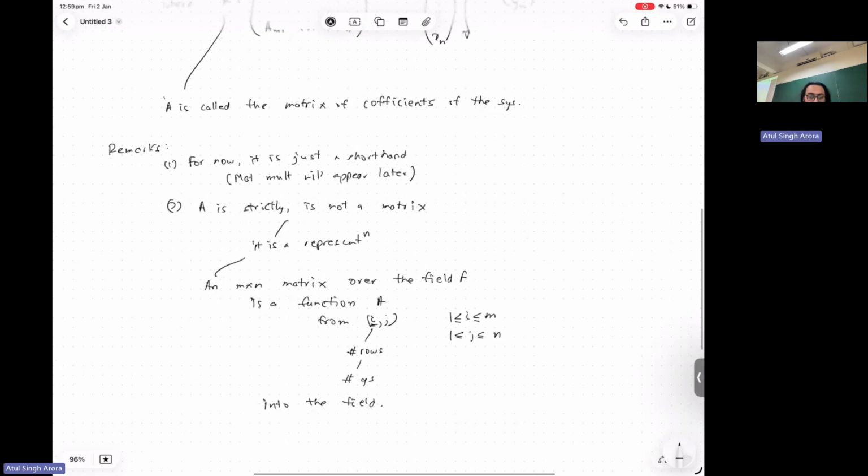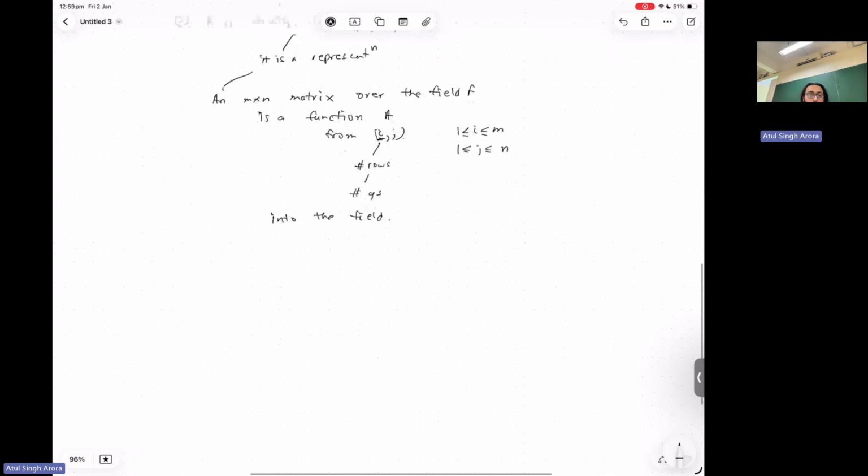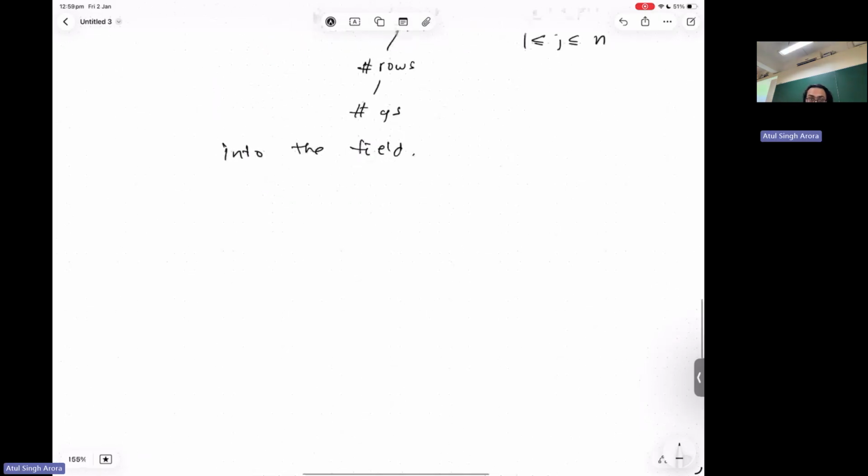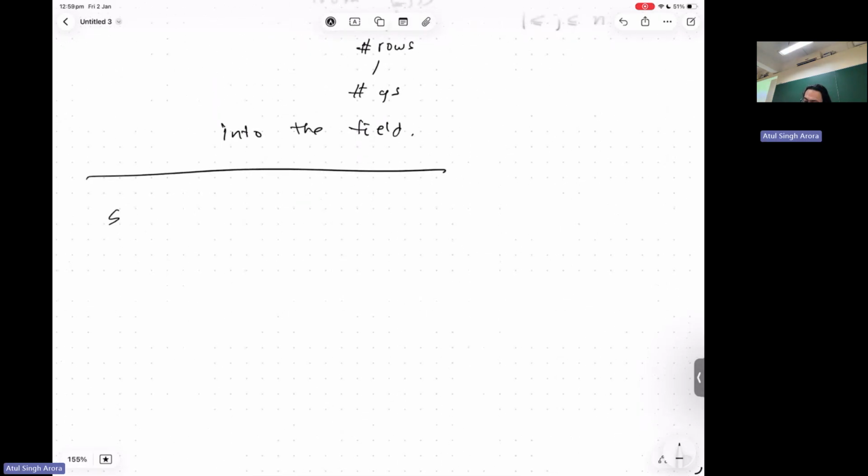Okay, so this is just notation, right? So okay, that's fine. And now what we're going to do is consider elementary operations on these matrices. So the story now is, consider elementary operations.